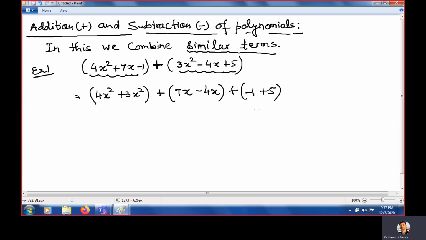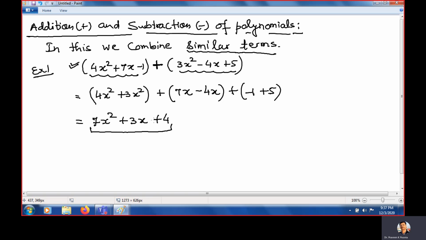Use plus outside and whatever the symbol, take it inside, same to same. 4 plus 3, it is 7x power 2. 7 minus 4, it is 3x. And minus 1 plus 5, it is 4. So the addition of these 2 polynomials is another new polynomial. This is how we are going to do it.